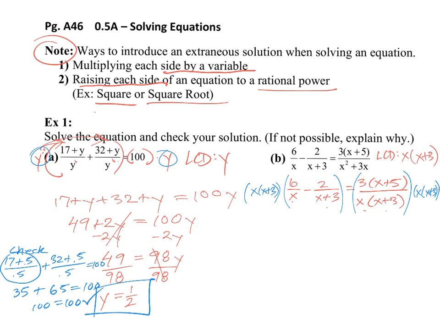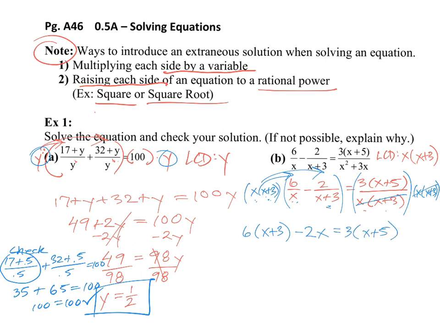All right, so we're going to distribute here. The x's will cancel out here, but the x plus 3 still remains, so I get 6 times x plus 3. And then the x plus 3 will cancel out here, so I'm left with negative 2x. And then the x plus 3 and the x plus 3 and the x's will cancel out, so I'm left with 3 times x plus 5.